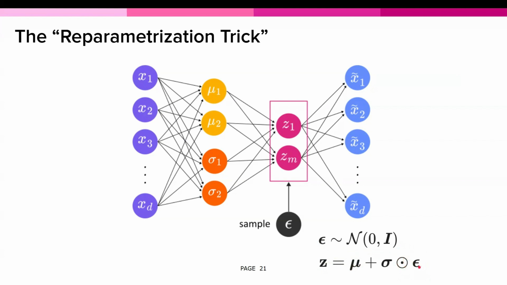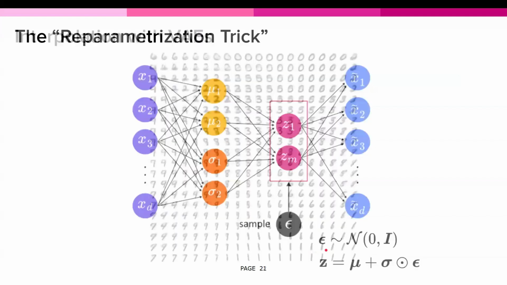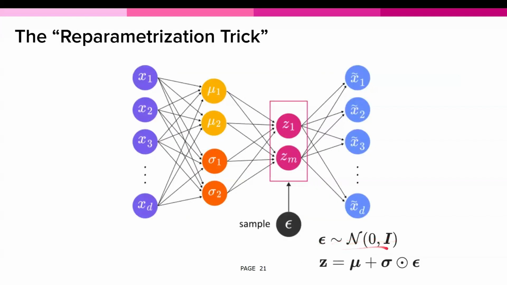Instead of directly sampling z from the fitted posterior distribution over the latent space given the input, we now sample epsilon from a noise distribution and then compute z deterministically. This reformulation allows us to express z in a way that preserves the stochastic behavior that we need while enabling the gradients to flow through z for backpropagation.